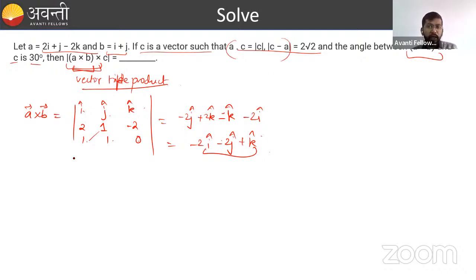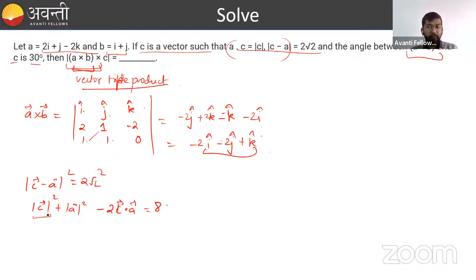Now to find C bar, we know that mod of C bar minus A bar is given to us as 2 root 2. I will square both the sides. What I will get? Mod of C bar square plus mod of A bar square minus 2 times C bar dot A bar equals 8, right?